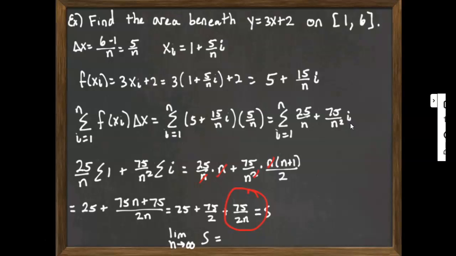As we learned in our previous topic with limits at infinity, anything that's divided by n is just going to go to 0. So we're going to get 25 plus 75 halves plus 0. And we can just add that up. 75 halves and 25 is going to be 125 halves. And so now we found the area beneath the graph of y equals 3x plus 2 to be 125 halves.